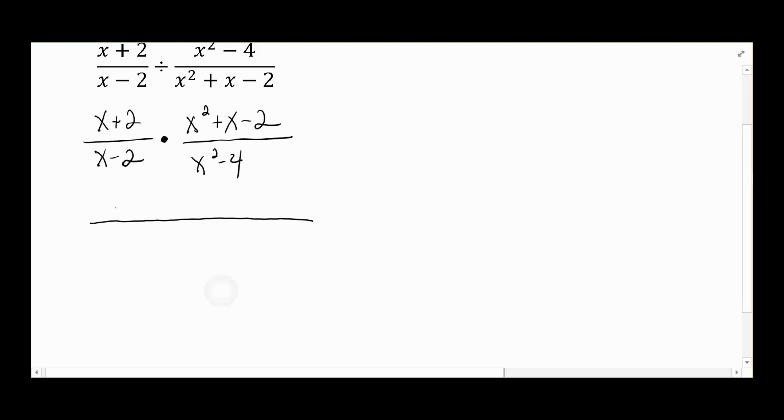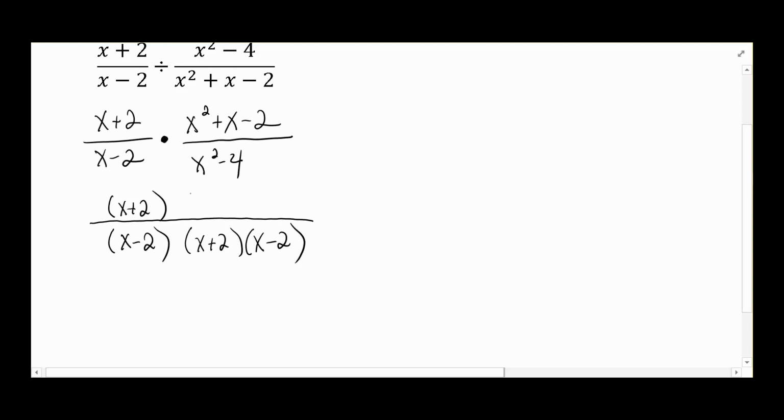So as far as our upper left, that doesn't factor, so it's just a factor of x plus 2. Similarly, the lower left is just x minus 2. The lower right, the x squared minus 4, that's a difference of squares, so that's just going to be our x plus 2, x minus 2.